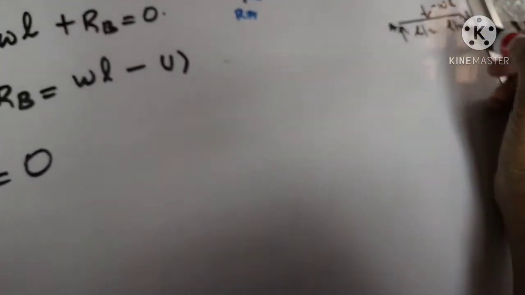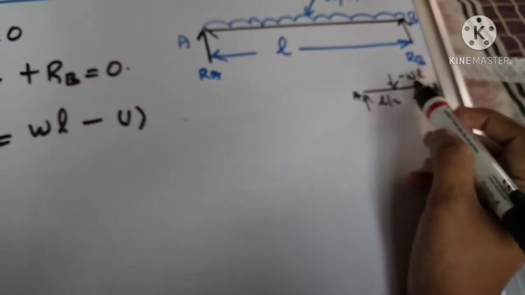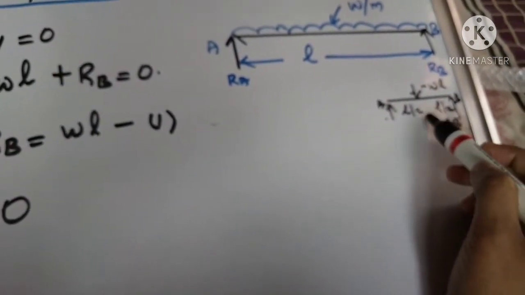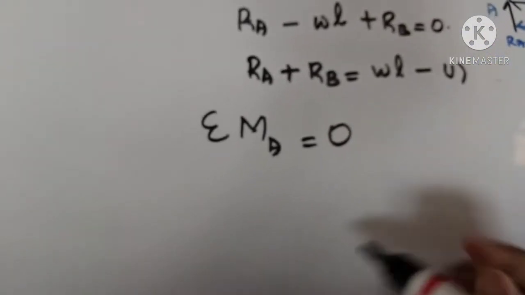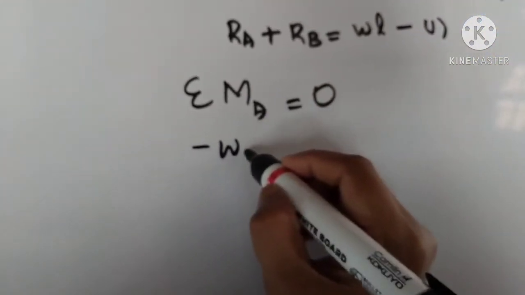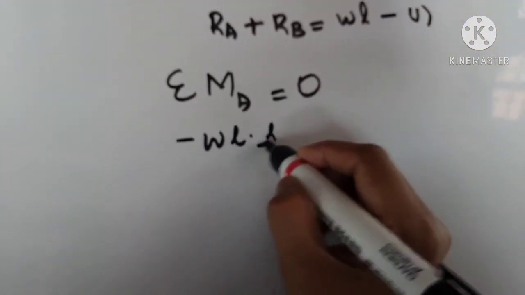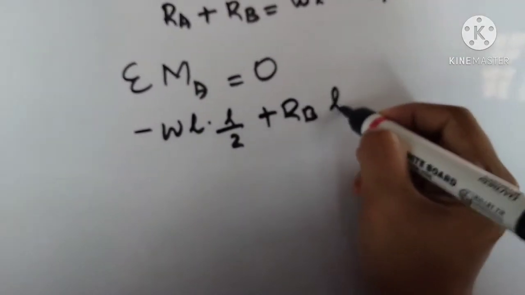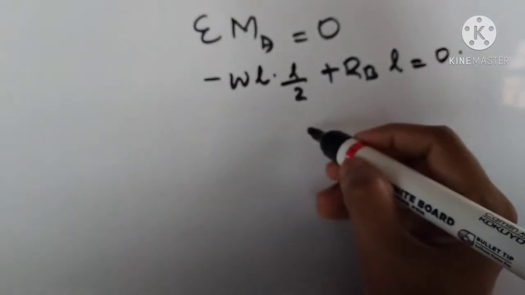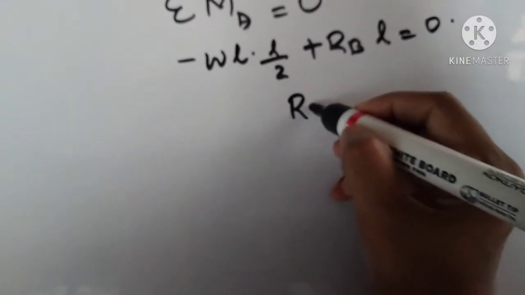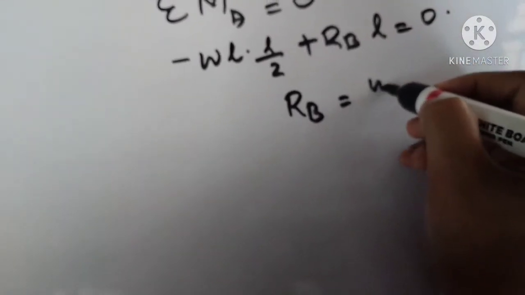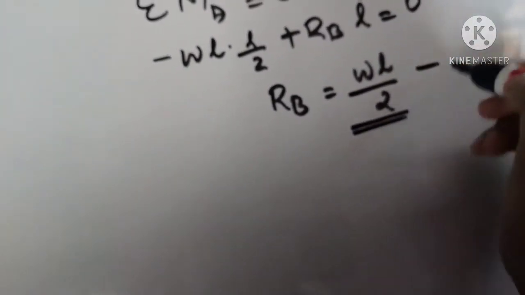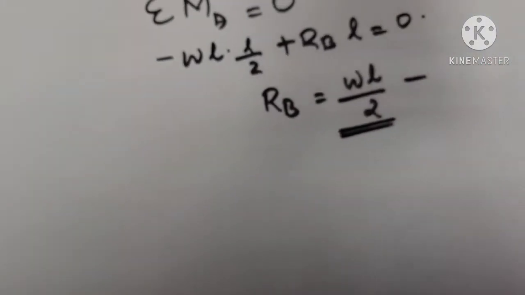So it will be minus WL into L by 2 plus RB into L is equal to 0. From that you will get RB as W into L by 2. That is the second equation.